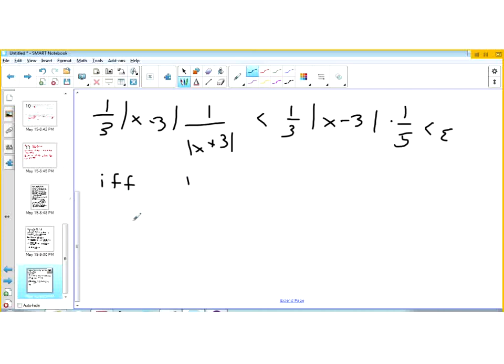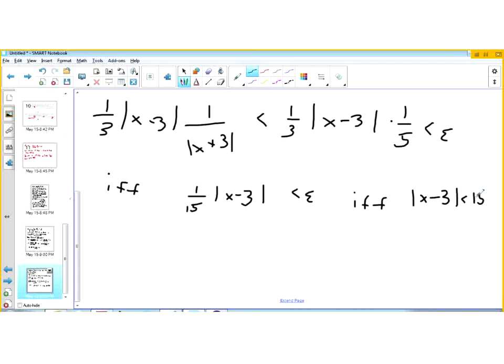Okay, so now we have this result. Where do we go from here? This is true if and only if we multiply the constants: 1/15 times the absolute value of x minus 3 is less than epsilon.